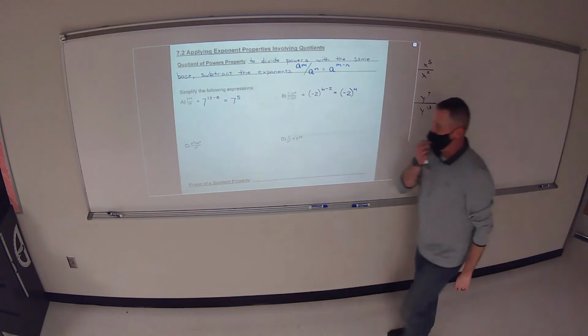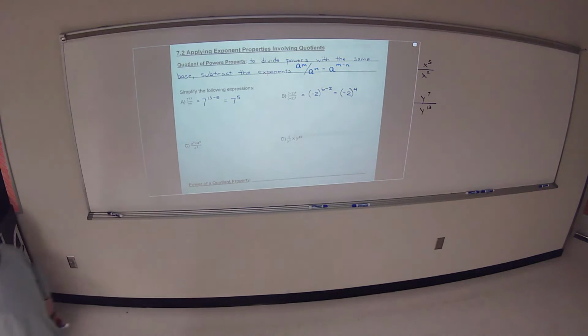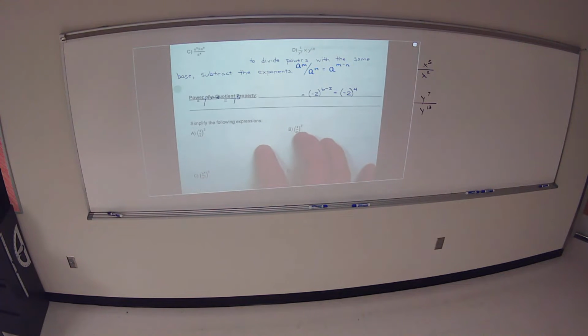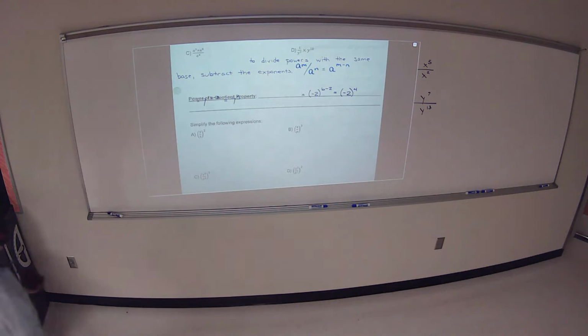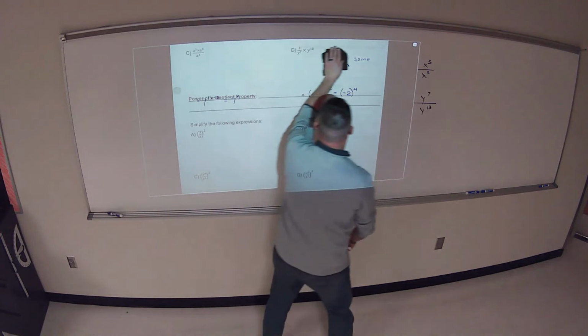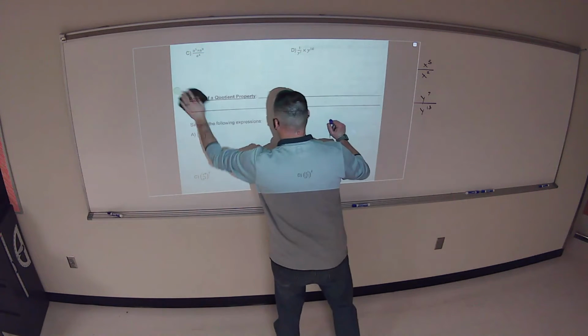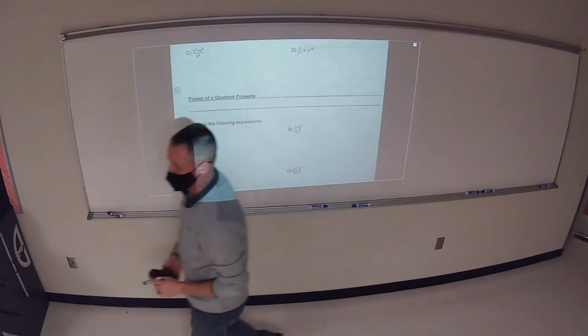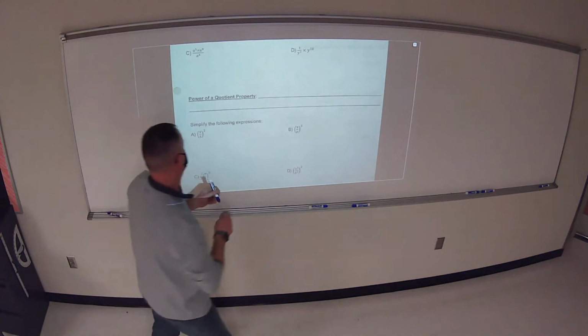Okay? Now, C and D here real quick. Letter C is not just a strict quotient property anymore because we're going to simplify what's on the top first. What's happening to the two variables on the top that are the same base? They're being multiplied. What do we do when we multiply bases? We add our exponents. So the first thing we're going to do is simplify the top.